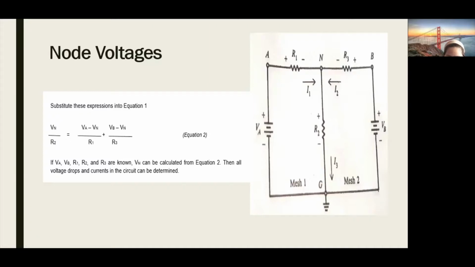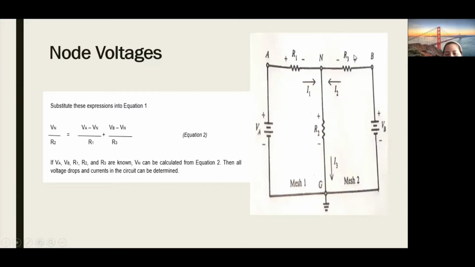I2 equals VA minus Vn, VA is 50, because Vn is still unknown. VA minus Vn over 4 plus R1, 10, because VB is already given, minus Vn, over R3.